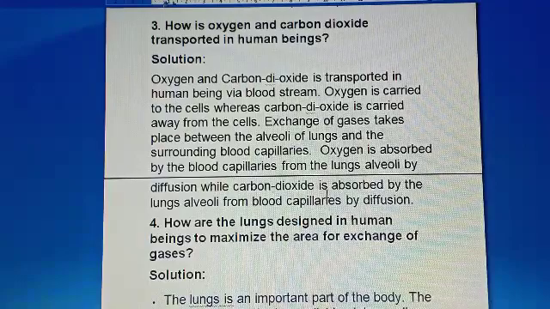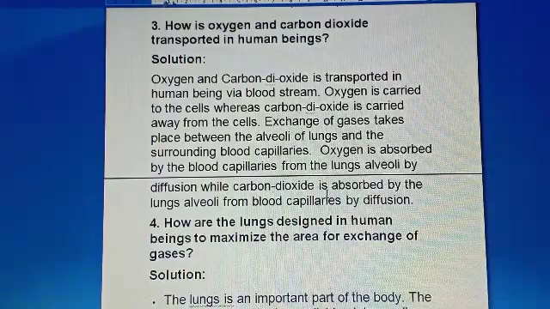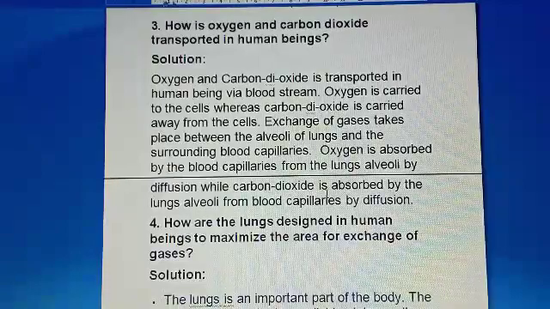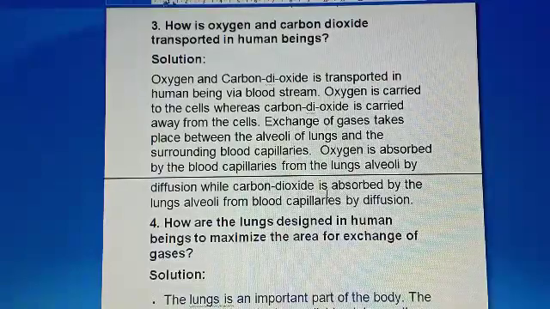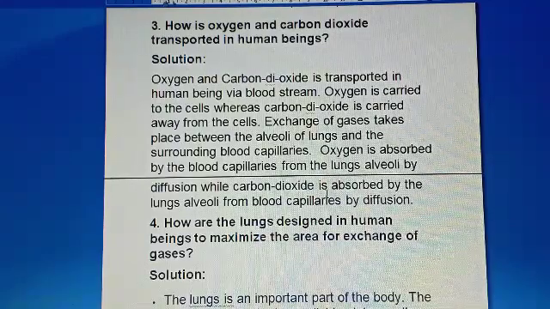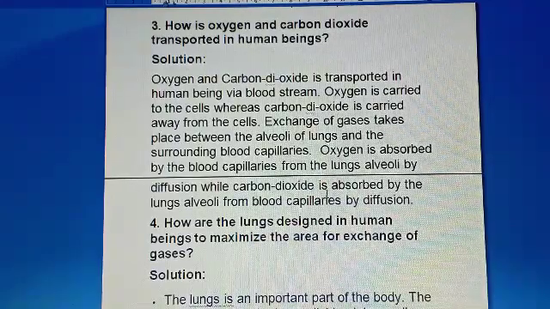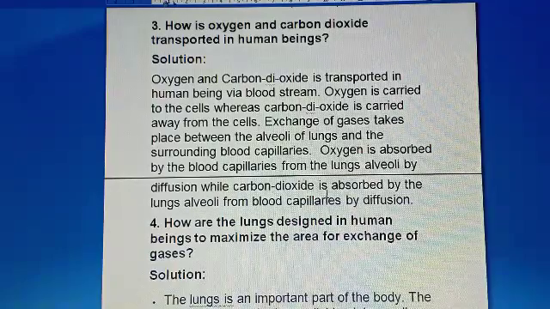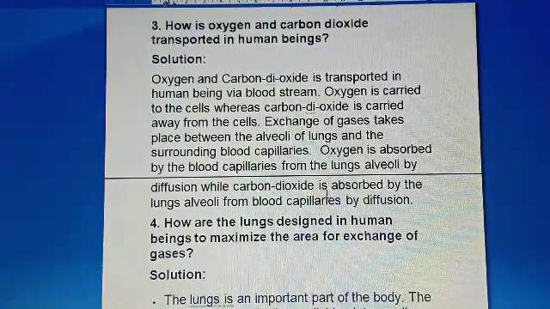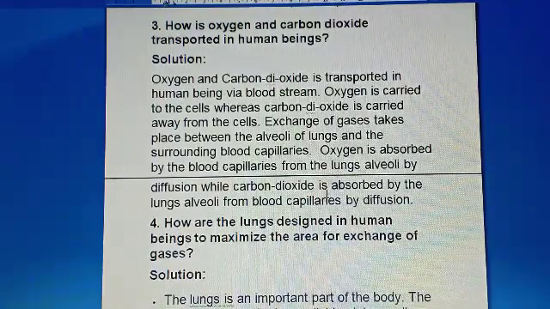Let's have a look at the solution. Oxygen and carbon dioxide are transported in human beings via the bloodstream. Oxygen is carried to the cells, whereas carbon dioxide is carried away from the cells. This exchange of the gases takes place between the alveoli of the lungs and the surrounding blood capillaries.